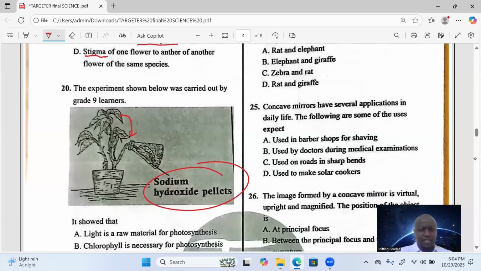This is now to investigate that carbon dioxide is a necessity for photosynthesis. Reason being, the sodium hydroxide pellets are used to absorb any present carbon dioxide in the air within which this leaf has been tied. Therefore, all the carbon dioxide is absorbed by sodium hydroxide pellets.